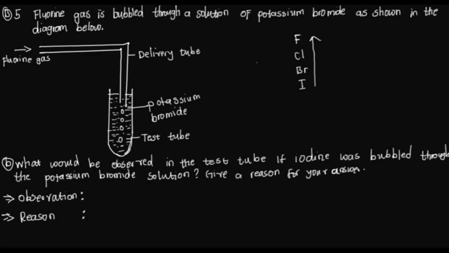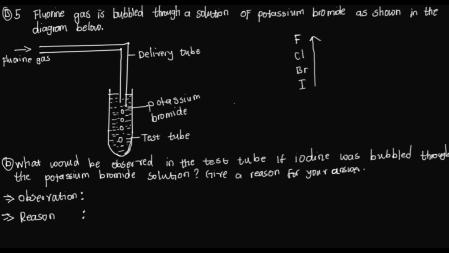Okay, now we can move on to question B. What would be observed in the test tube if iodine was bubbled through the potassium bromide solution? Give a reason for your answer. So now here we have a question where we are asked to give what we think would happen if iodine was used instead of fluorine.